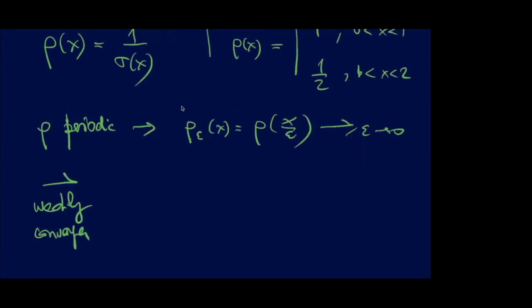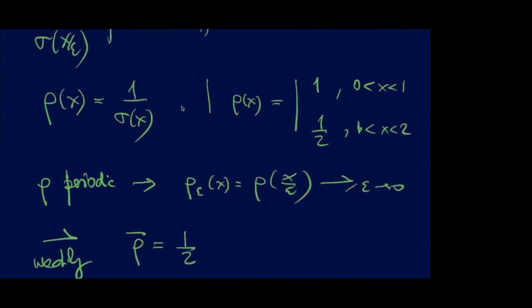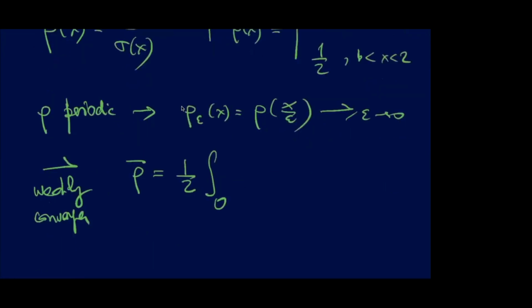You can write weak convergence in L2, or if you want, in the weak star topology of L infinity, this is not so relevant here. You converge to the average value, where the average value is, because the period is 2, 1 over 2 times the integral from 0 to 2 of rho x dx.